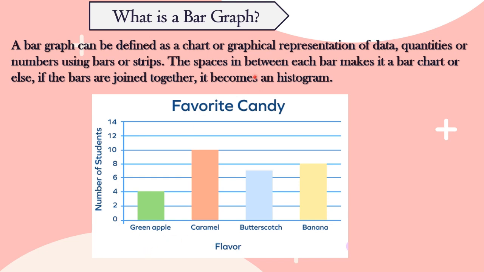The spaces in between each bar make it a bar chart. You can see the spaces. There is always an equal interval between the bars. Here to here is equal to here to here. Same thing from here to here. So the equal spaces make it a bar graph or bar chart.